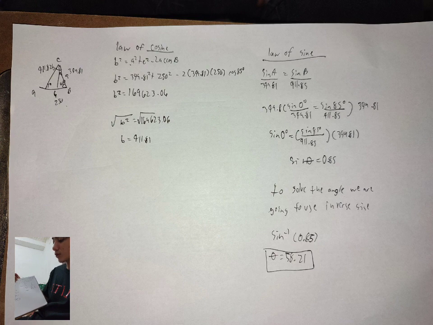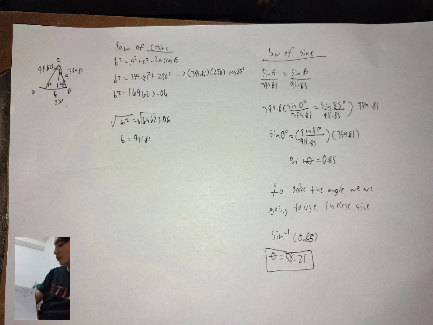So A equals 349.81. Then for the law of cosines, B squared equals A squared plus C squared minus 2A multiplied by C multiplied by cosine 85 degrees. So B squared equals 349.81 squared plus 250 squared minus 2 multiplied by 349.81 multiplied by 250 multiplied by cosine 85 degrees.